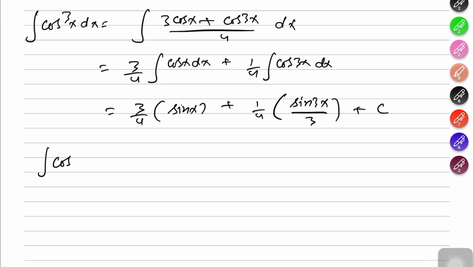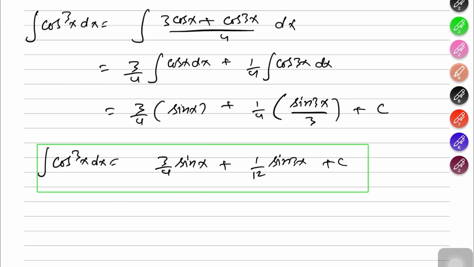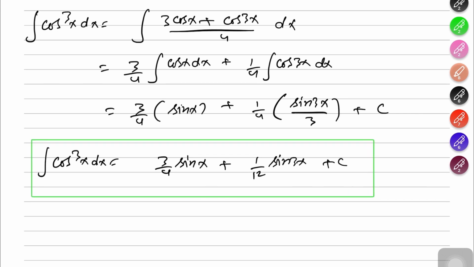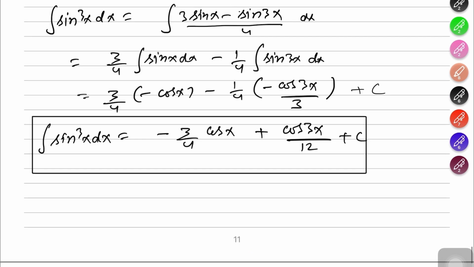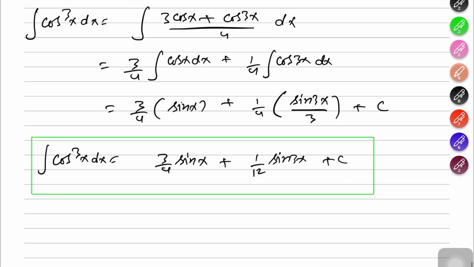So the integration of cos cube x dx will be 3 by 4 sin x plus 1 by 12 sin 3x plus constant. So this is the integration of cos cube x. We have done sine cube x and cos cube x.